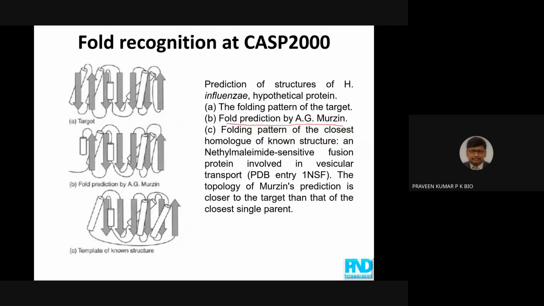According to that, the fold predictions already done by the scientists, the structure quality is assessed. This is how the structure quality is assessed from previously determined prediction methods from the scientists.